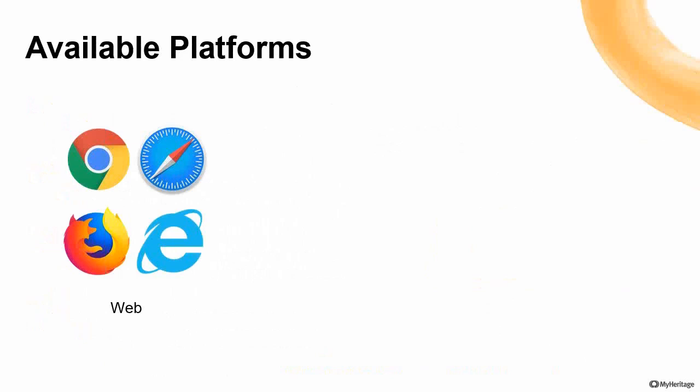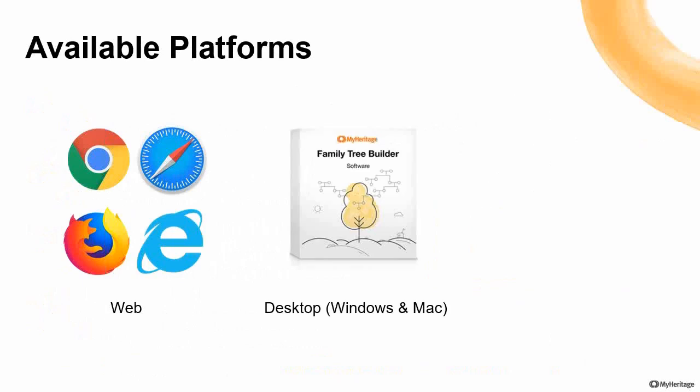But the very origin of MyHeritage is the software, which is still available for free today, both for Windows and Mac, and it's called Family Tree Builder. It has a little bit more advanced capabilities than the website or even the mobile app.